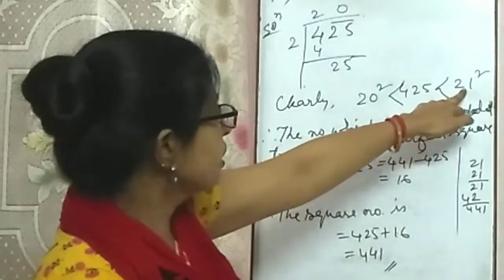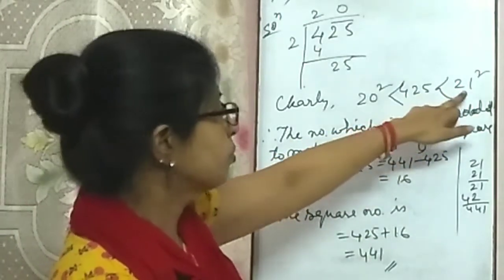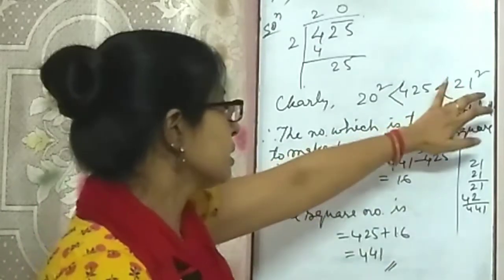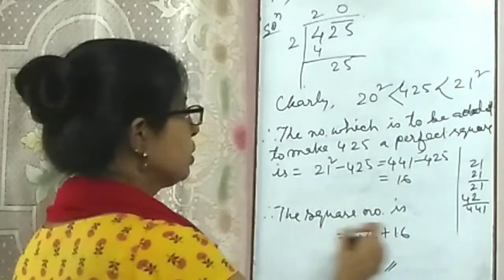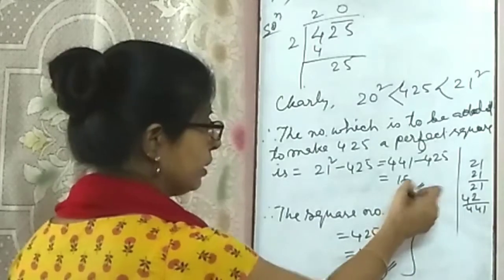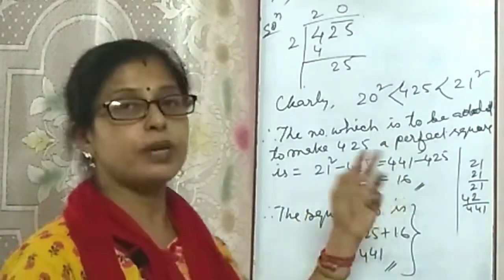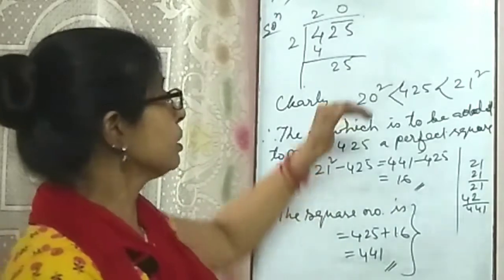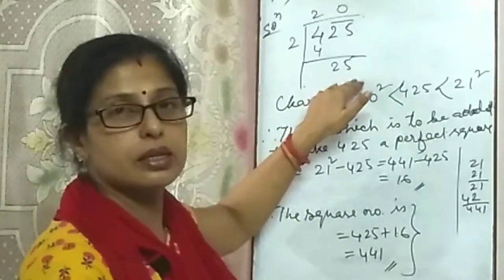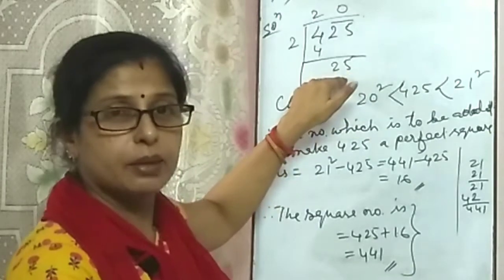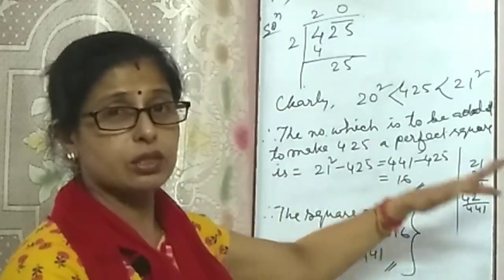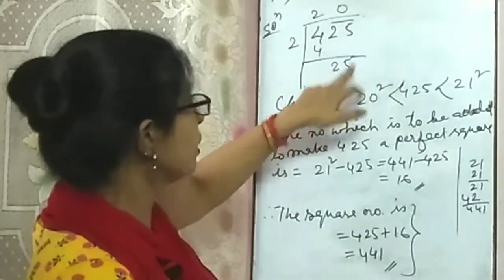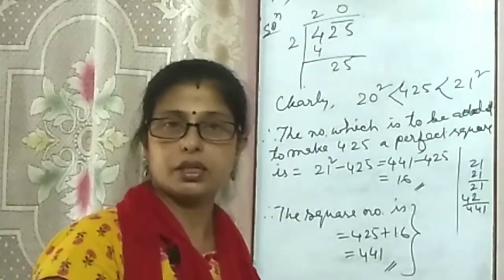The square number is always the next number. 21 square is bigger than 425, so obviously this is the square number, and in this question we are asked only to find the number which is to be added. So this is the number which is to be added. So clearly we have seen that when it is asked to find the number to be added, we have to subtract from the next squared number, and this remainder will be subtracted from the given dividend.